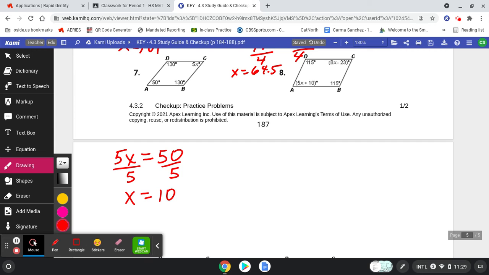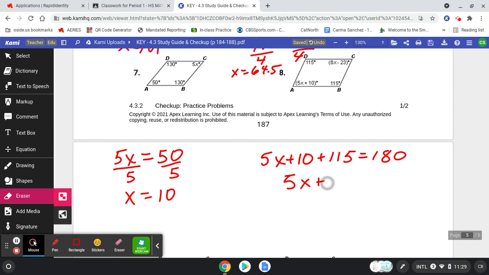And same on the next one. You could use opposite angles are equal, or you could use consecutive angles are supplementary. Your choice. Here I'm going to get 5x plus 125. And then subtract 125 from both sides.